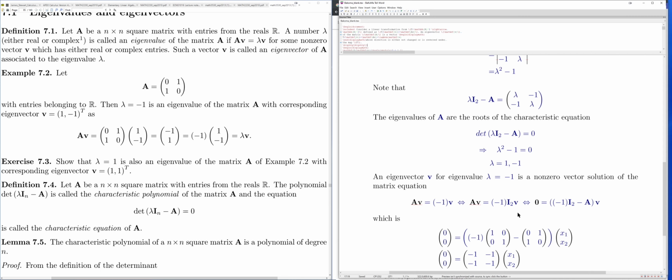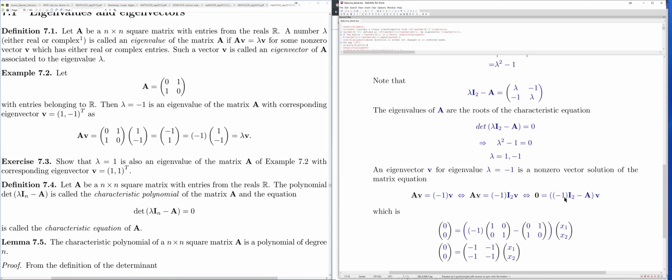Now, while this may look a little convoluted, what you want to notice is that what I have inside over here, and remember this minus 1 is an eigenvalue, is basically lambda I2 minus A. So it's the same lambda I2 minus A when lambda is equal to minus 1.